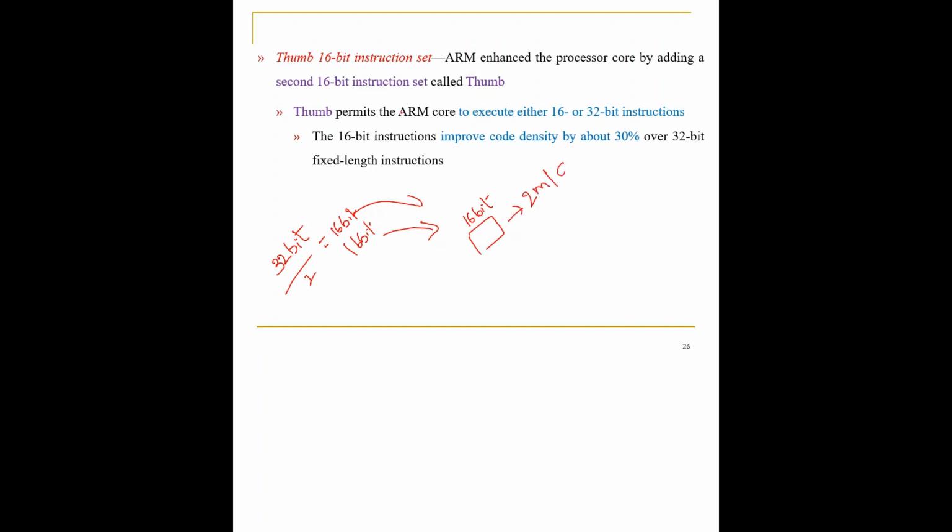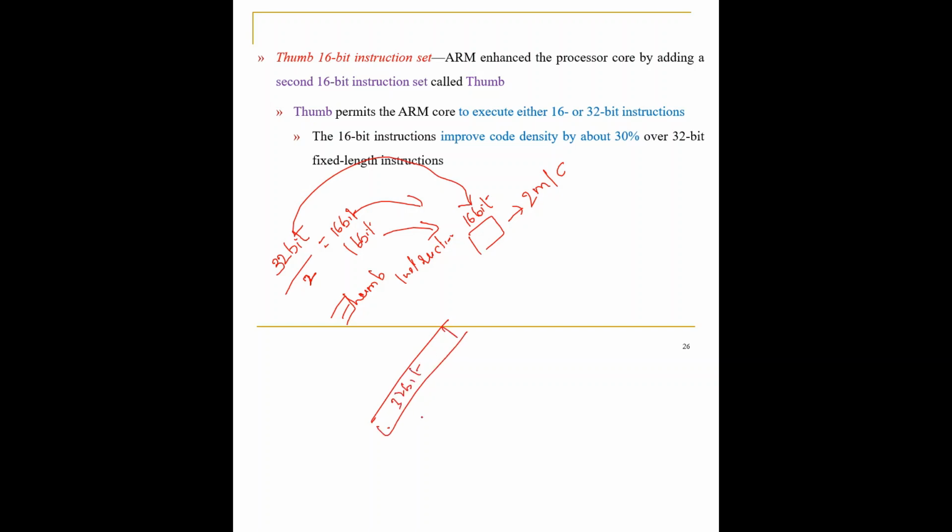Now what ARM has done is, instead of this 32-bit instruction getting divided into 16-bit and 16-bit instructions, it has added one additional instruction set called the thumb instruction set. This thumb instruction set has the capacity to convert a 32-bit instruction into a 16-bit instruction directly. So imagine you need a memory which needs 32 bits of space.